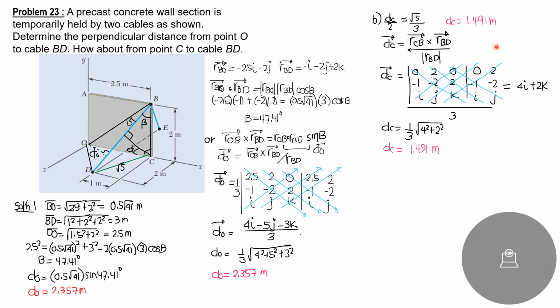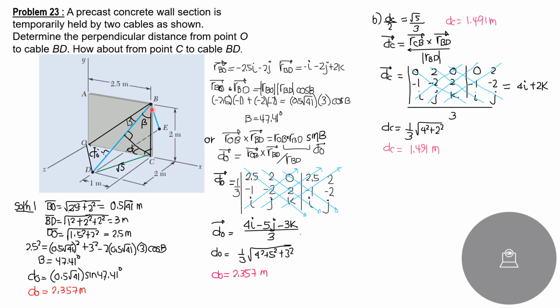And we note that RCB sine beta is the vector expression for the distance, d sub c. So that's why d sub c is just like here, RCB cross RBD over the magnitude of RBD. So the magnitude of RBD again is 3. Then CB, C to B, is just 2j. So 0, 2, 0.